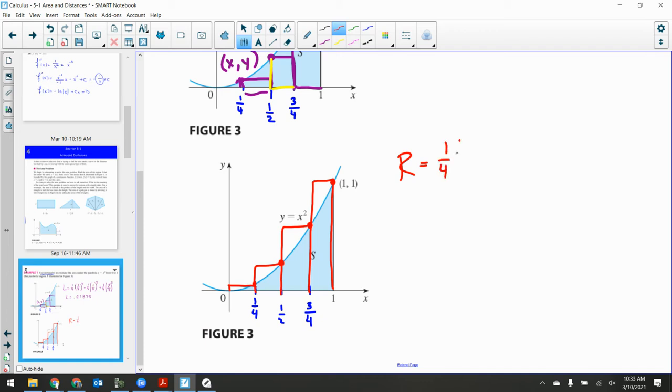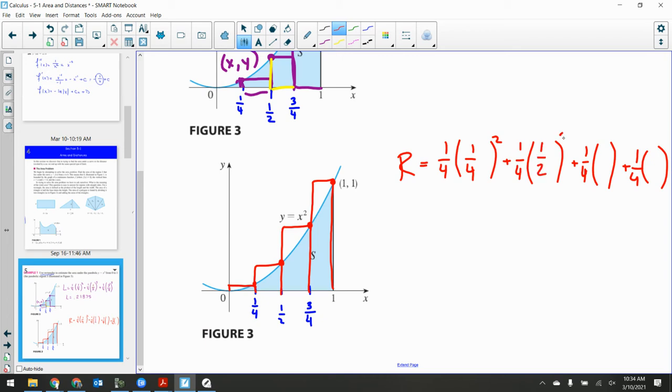So 1/4 times something plus 1/4 times something plus 1/4 times something plus 1/4 times something. Those are all my bases. Base times height. This is 1/4 squared. This is 1/2 squared. This is 3/4 squared. And this is 1 squared.